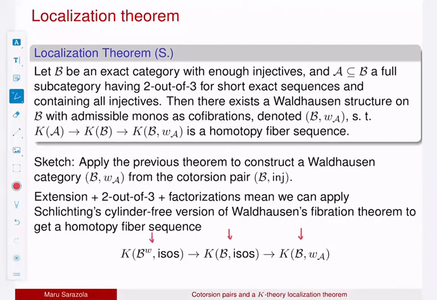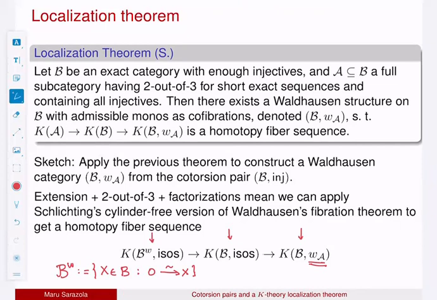And on the fiber part, Waldhausen's fibration theorem puts this BW category, which in the statement of Waldhausen's fibration theorem is defined exactly as the objects in B such that 0 to X is a weak equivalence in the Waldhausen category.